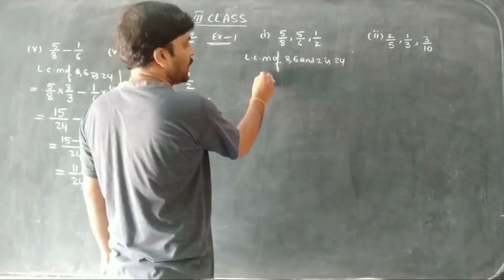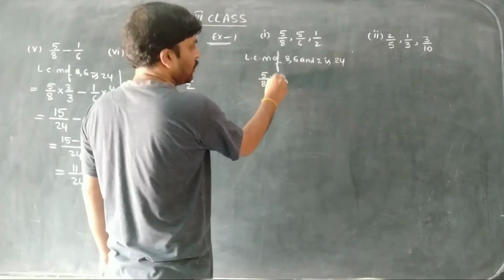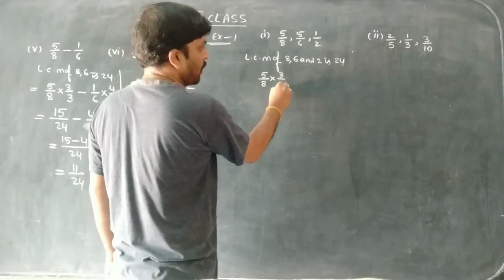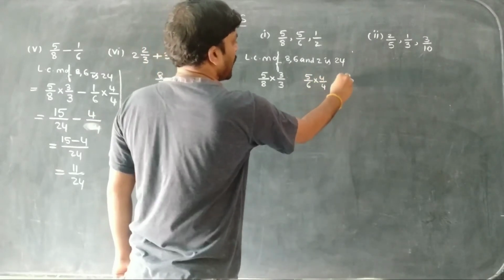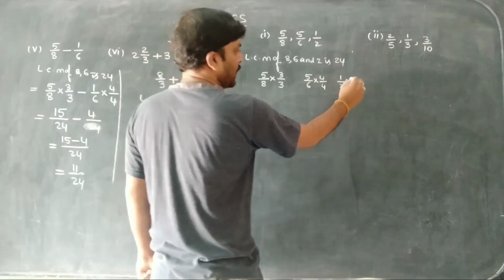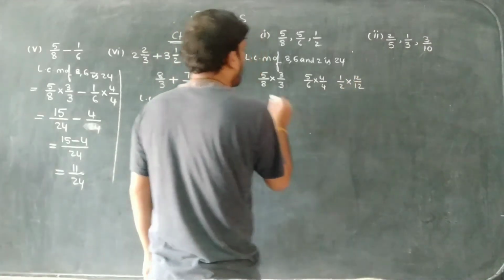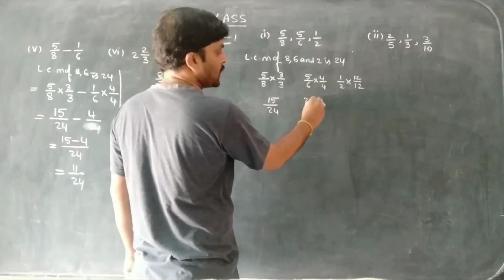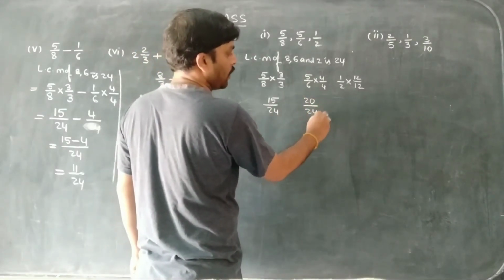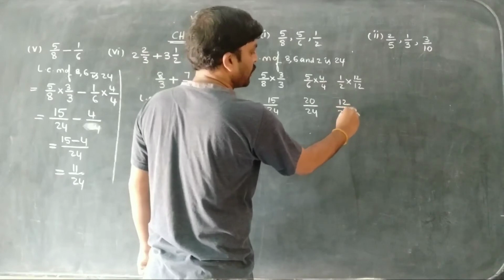Now 5 by 8 into 3 by 3. Next 5 by 6 into 4 by 4. 1 by 2 into 12 by 12. Okay, 5 3s are 15, 8 3s are 24, 5 4s are 20, 6 4s are 24, 12 1s are 12, 12 2s are 24.